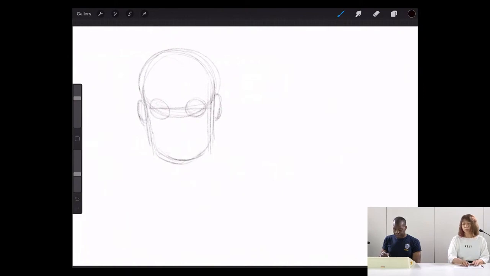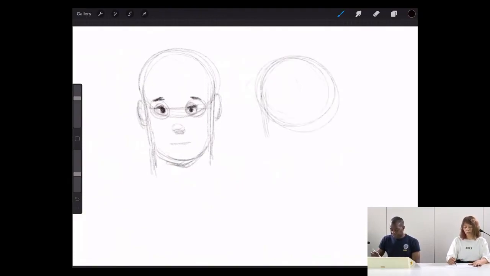And of course, the nose is halfway between the eyes and the bottom of the chin, and then the mouth is halfway between the nose and the bottom of the chin.